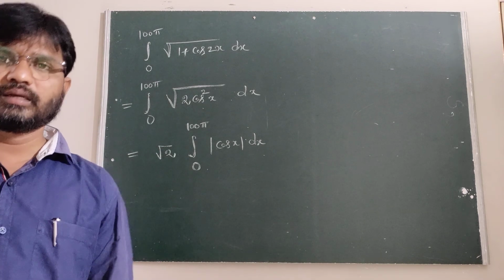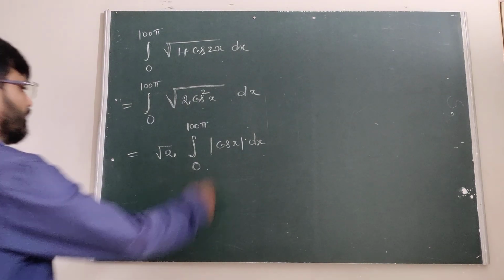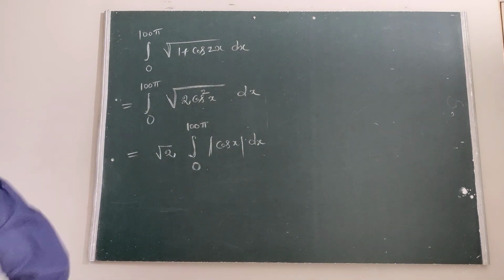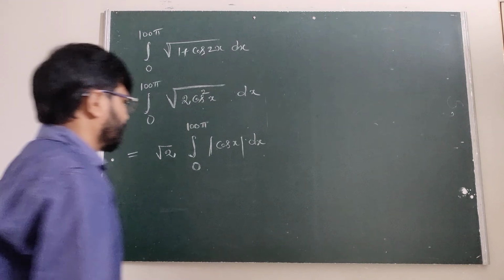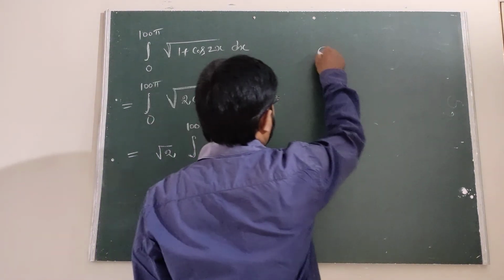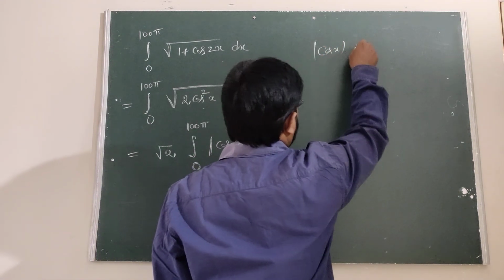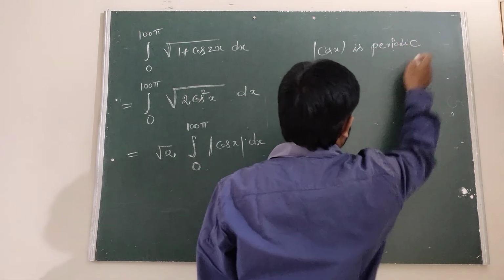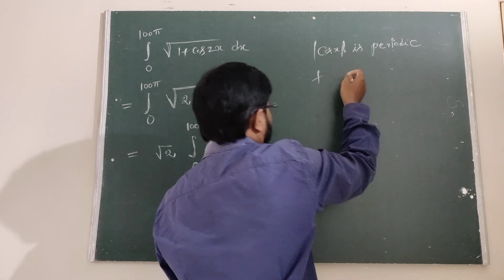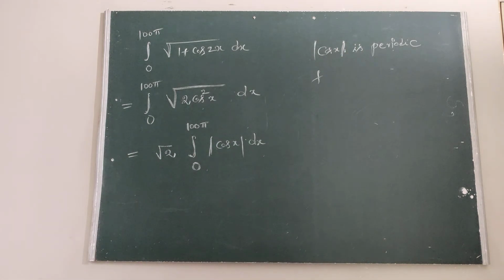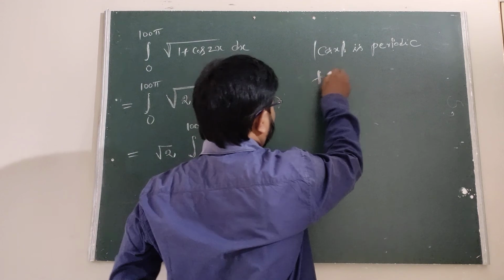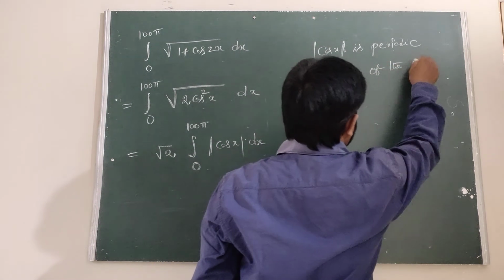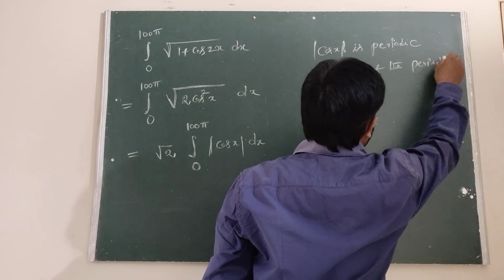We know that the mod of cos x is a periodic function whose fundamental period is π.